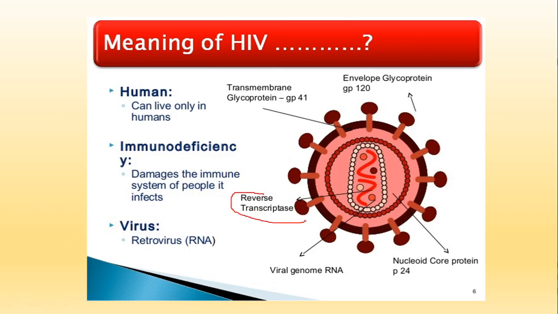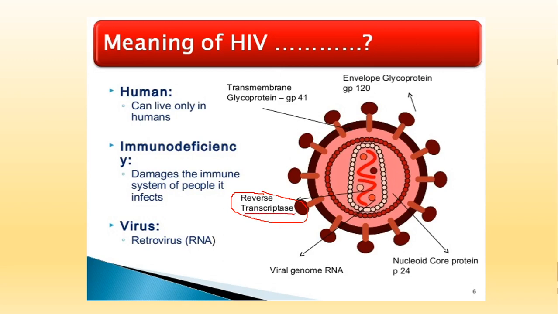Now what can this reverse transcriptase do? It can carry out reverse transcription. Transcription means formation of RNA from DNA, so DNA to RNA is transcription. But if it takes place in the reverse manner, that is RNA to DNA, we call it reverse transcription.